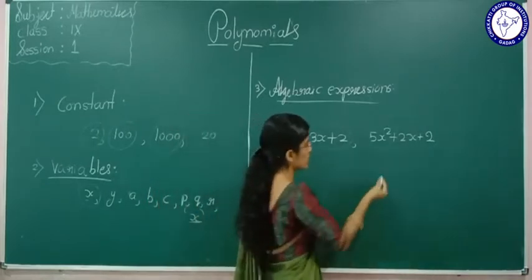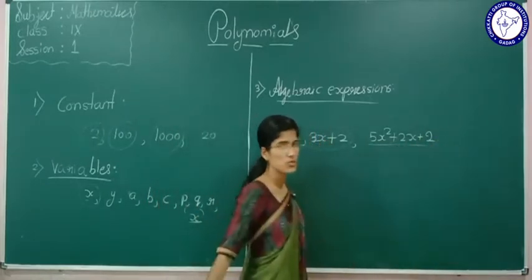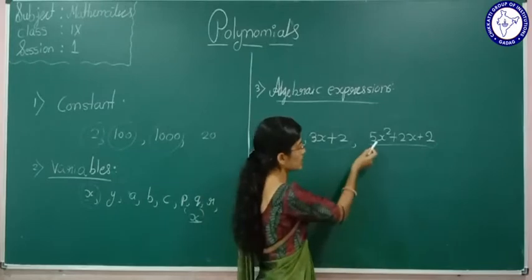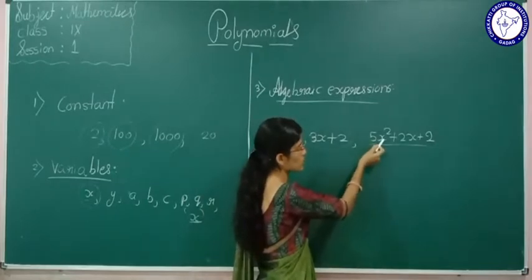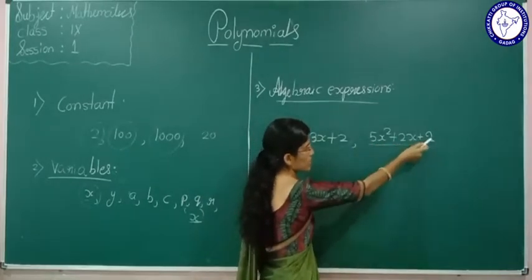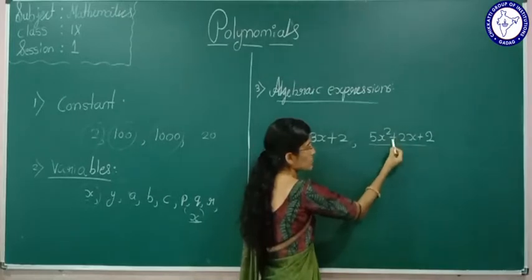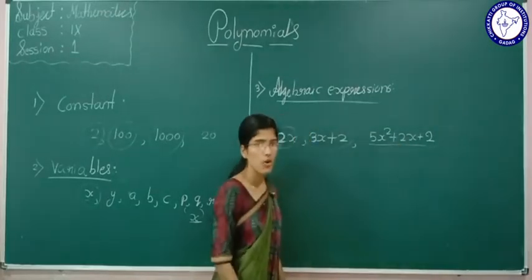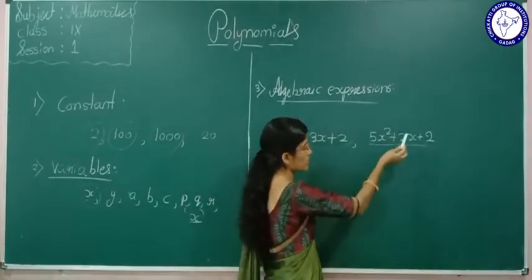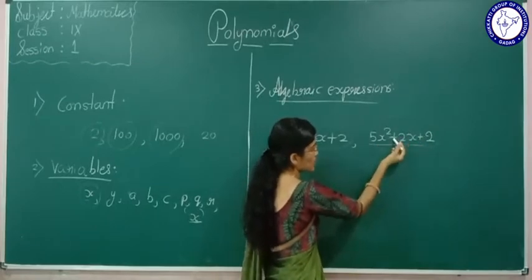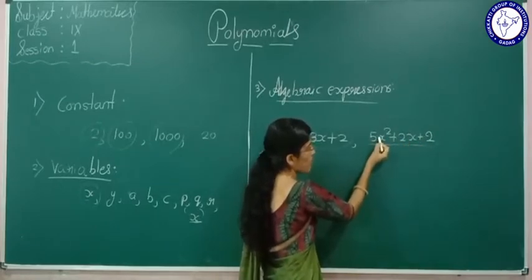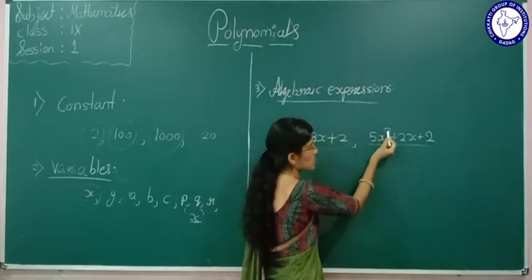This is also an algebraic expression. Why? Because it is a combination of a constant and a variable, here a constant, and connected with the operation called addition. Yes or no? It is connected by the operation. Here 5 multiplied by x square is there.